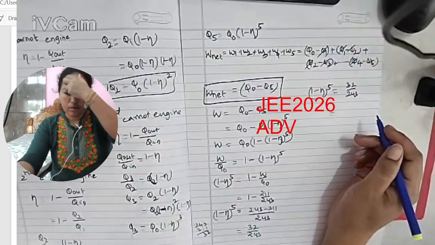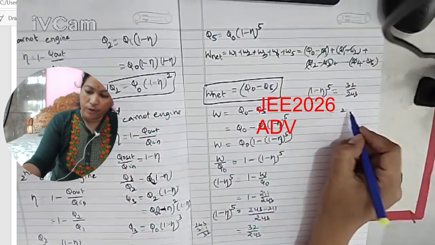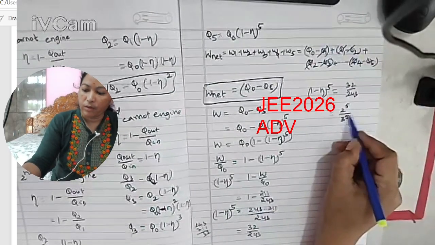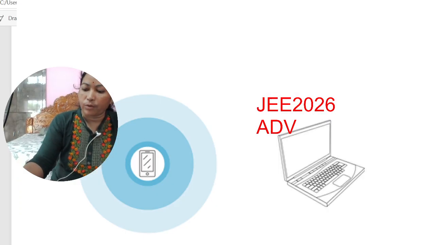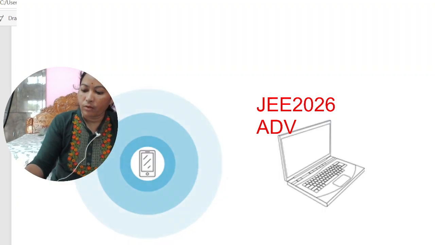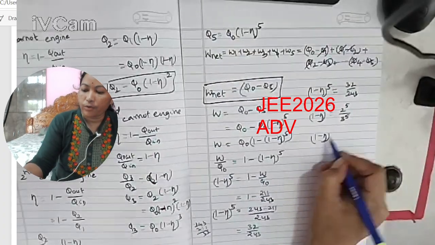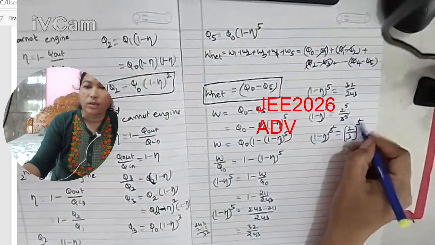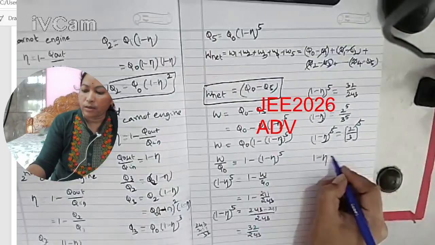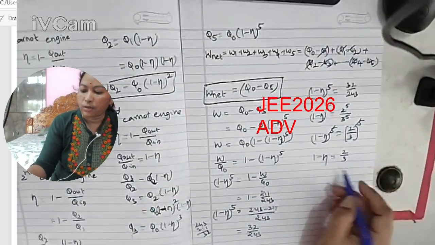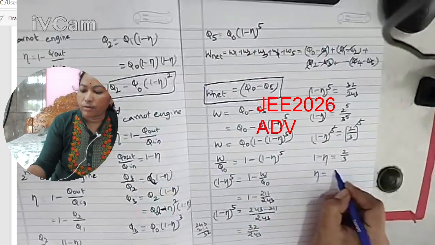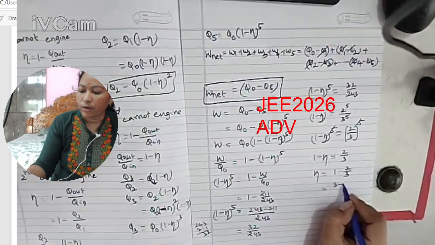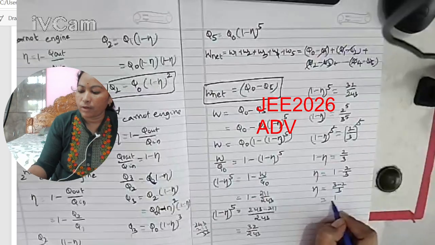You can write 32 as 2 to the power of 5 and 243 as 3 to the power of 5. So (1 minus eta) to the power of 5 is equal to (2 by 3) to the power of 5. The power 5 cancels here and you get 1 minus eta is equal to 2 by 3. This implies eta is equal to 1 minus 2 by 3, so eta is equal to 1 by 3.